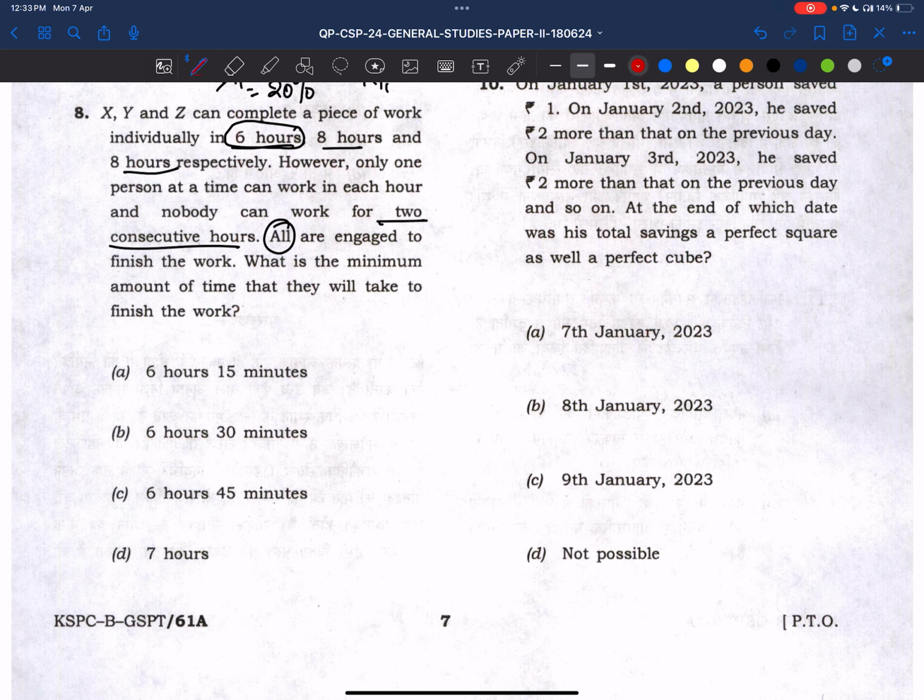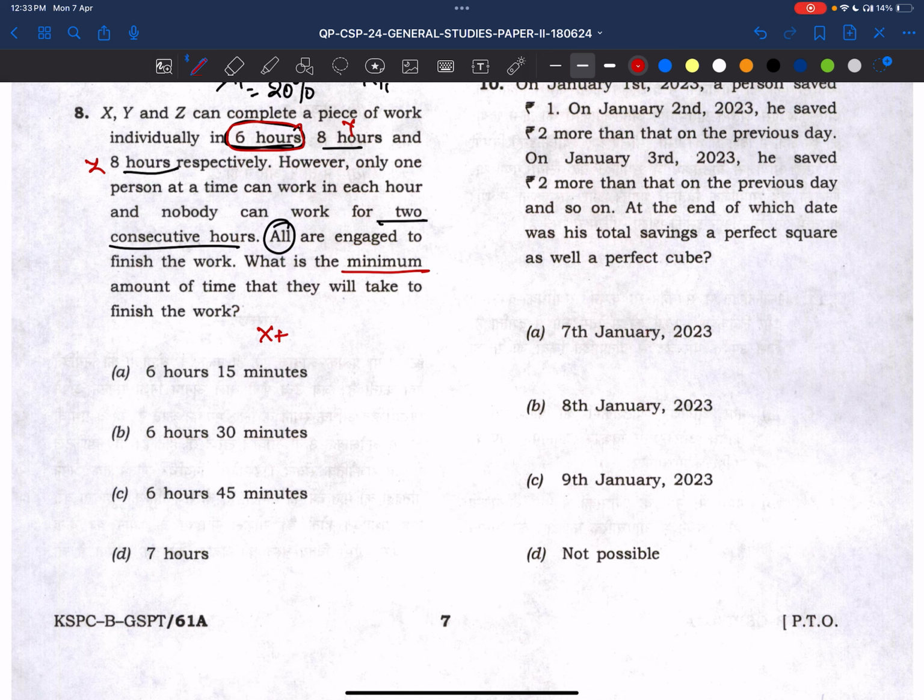See here, he's asking for the minimum amount of time, right? So we need to take the fastest person for maximum hours to work. See, that means X is taking the least time, right? So we can do the maximum amount of work. So I'll take X here, and Y, Z values are same.